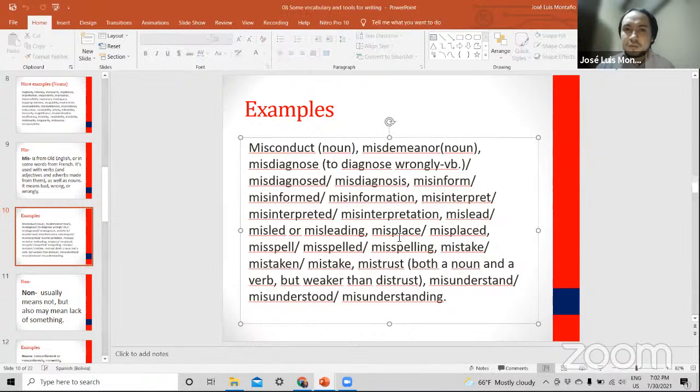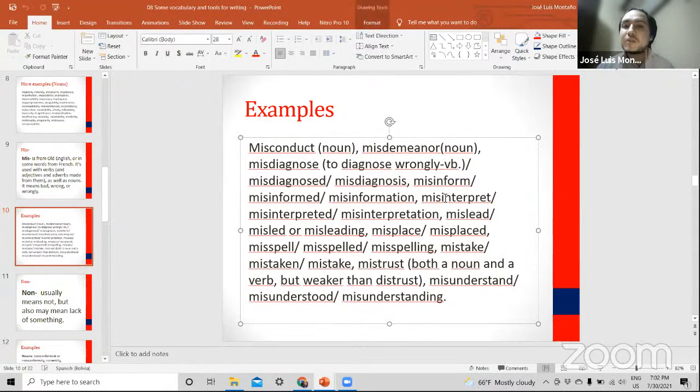Again, the most important words that we have over here are going to be misconduct, misinformation, or misinformed. Of course, this is a verb, this can be an adjective as well, this can be a noun. Misinterpretation, misinterpreted, or to misinterpret, that's also very important.